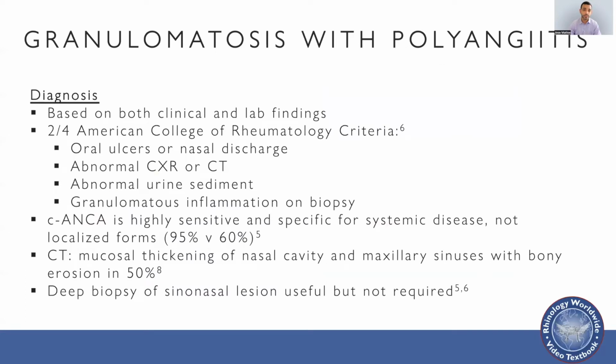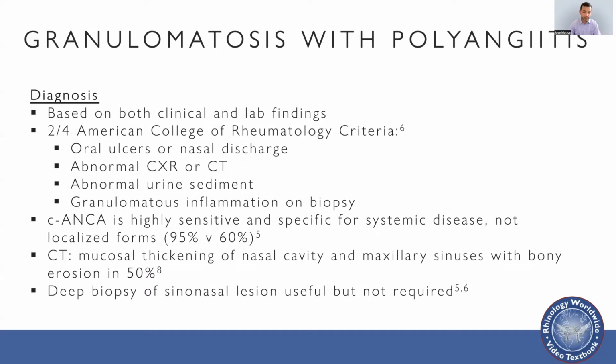The diagnosis is both clinical, but also there are associated lab findings that we use. There are rheumatologic criteria for these patients, but also C-ANCA is a highly sensitive and specific test for this disease, although there are localized forms of GPA, meaning that they may not have systemic manifestations, and these patients frequently will have a negative serology.